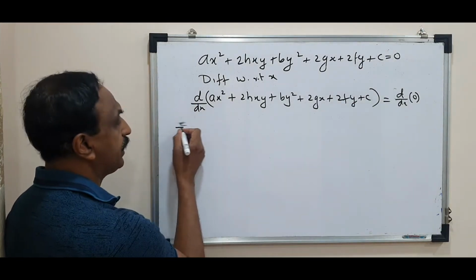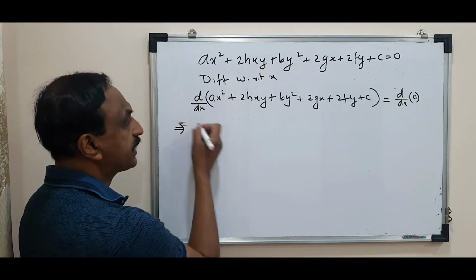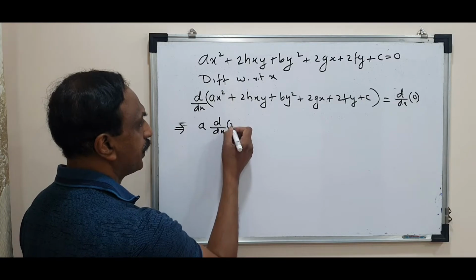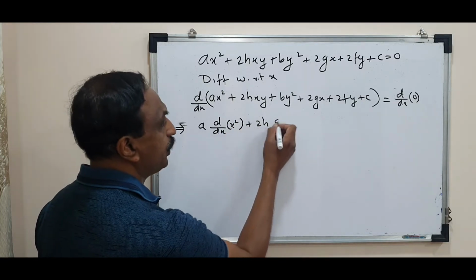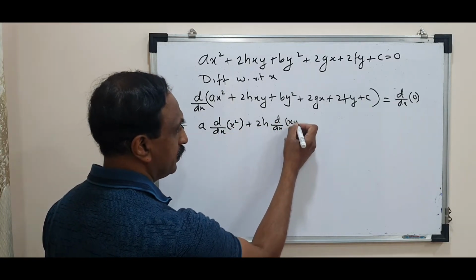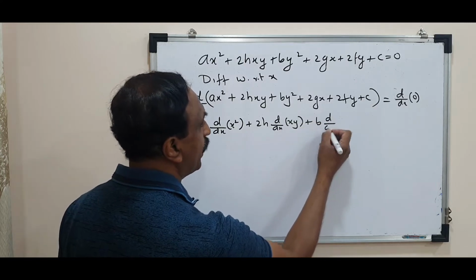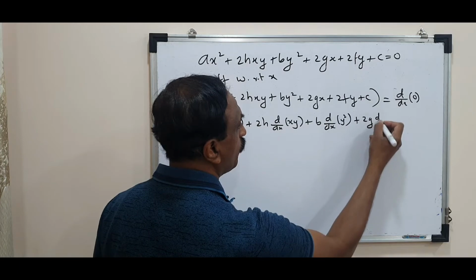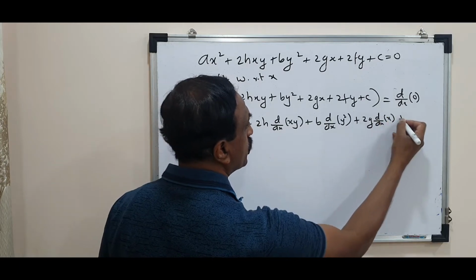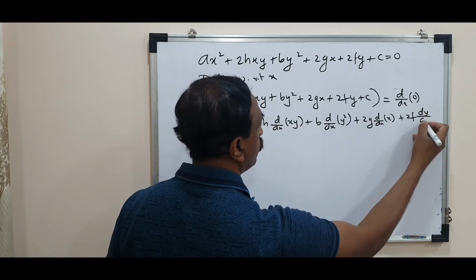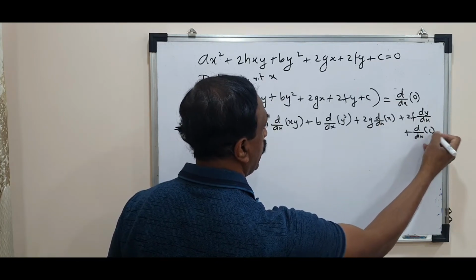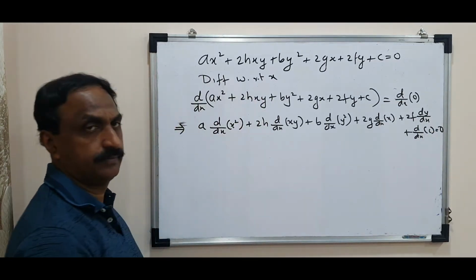You may put implies, that is, a into derivative of x square plus 2h into derivative of xy plus b into derivative of y square plus 2g into derivative of x plus 2f into derivative of y plus derivative of c equal to derivative of 0, which is 0 only.